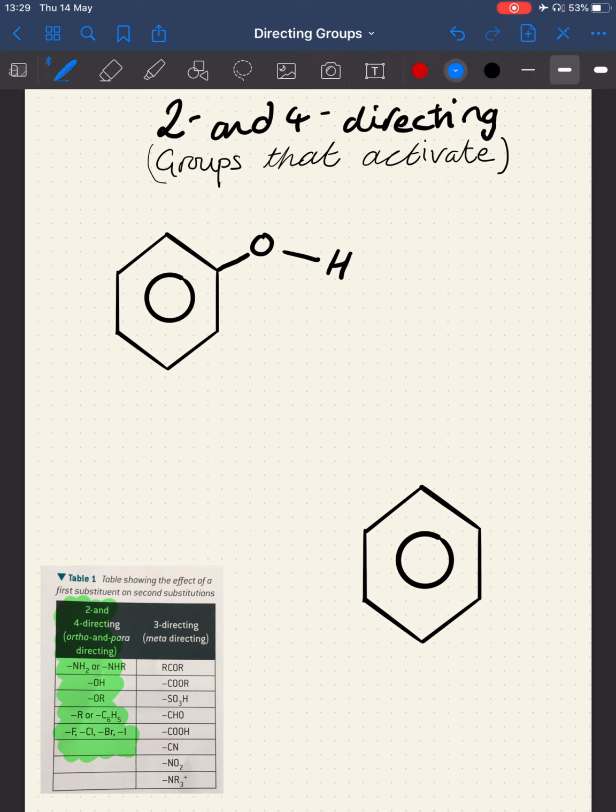We're going to be talking about 2,4 directing first, groups that activate the ring. And when we talk about activating, oxygen on the phenol has got 2 lone pairs of electrons. We're going to focus in on one of those lone pairs of electrons in the p orbital. Those electrons are donated into the pi system.